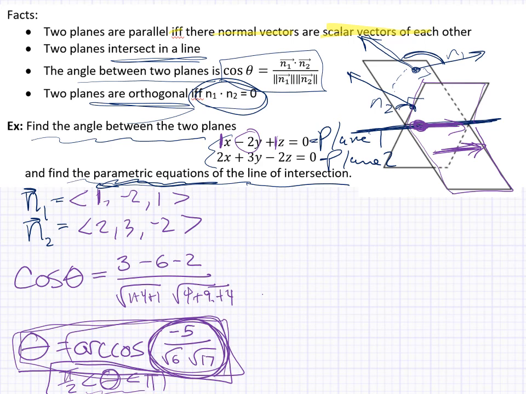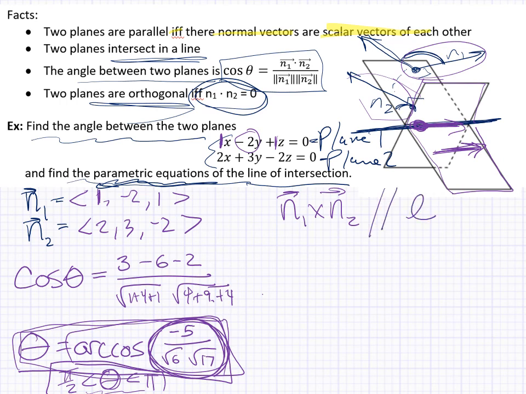That line is on both planes simultaneously. Well, if it's on both planes simultaneously, it's perpendicular to both normal vectors simultaneously. Well, how are we going to find the vector that's orthogonal to both n1 and n2 at the same time? Well, we'll do that through the cross product. So we need that. That'll give us our vector parallel to the line.